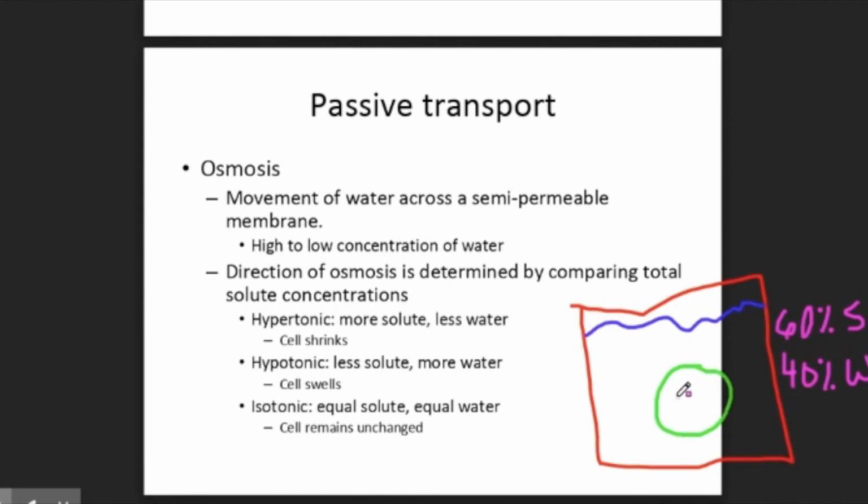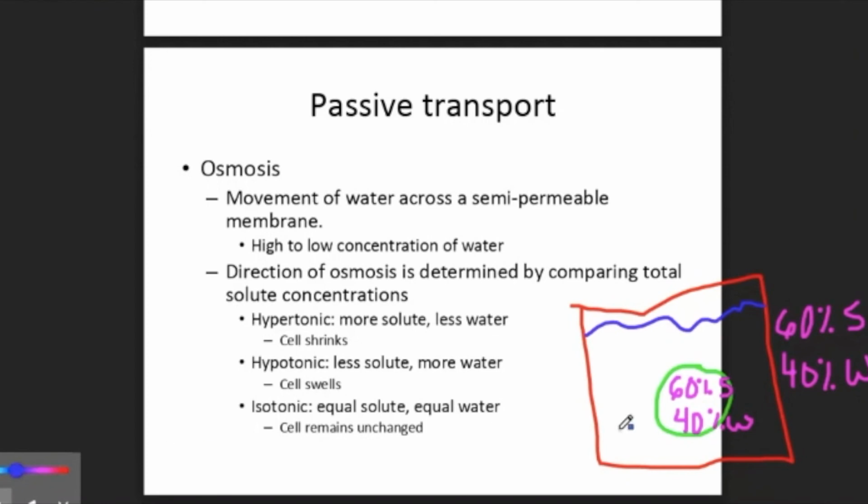All right, and in our cell, let's make the solute amount 60 as well. And then again, because I have 60% solute, that means I have to have 40% water. Because again, 60 and 40 give me 100. My solute and my solvent have to equal 100.